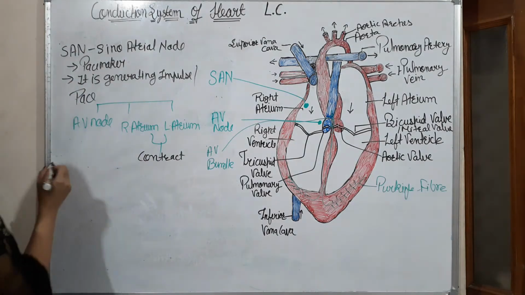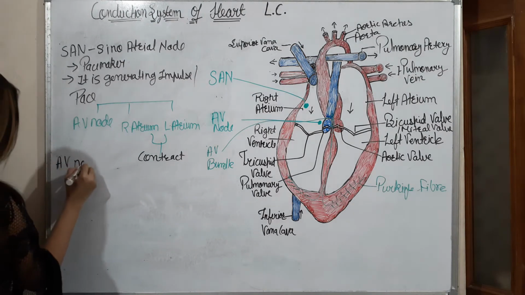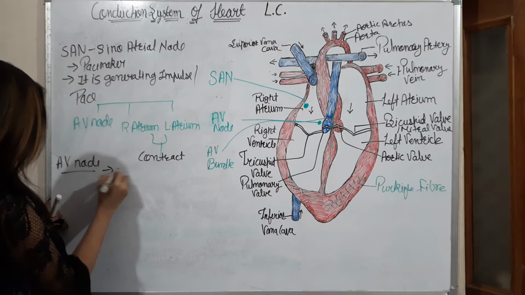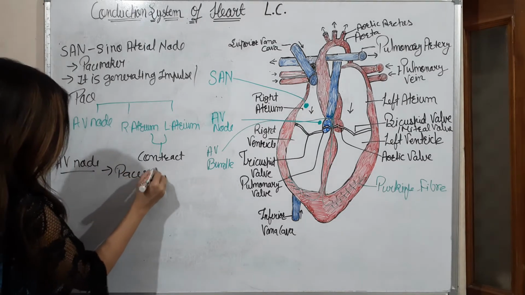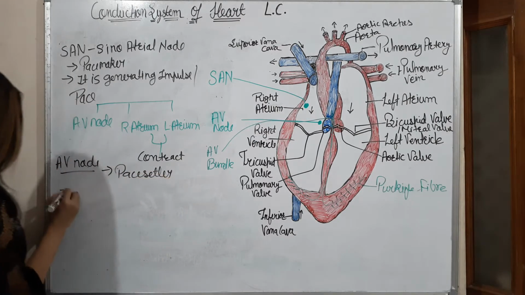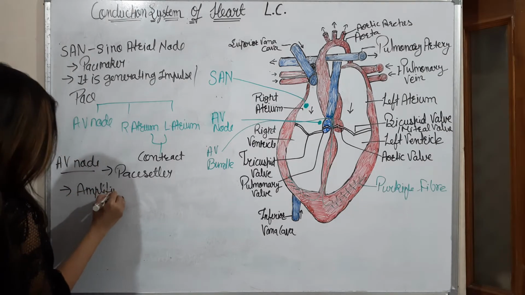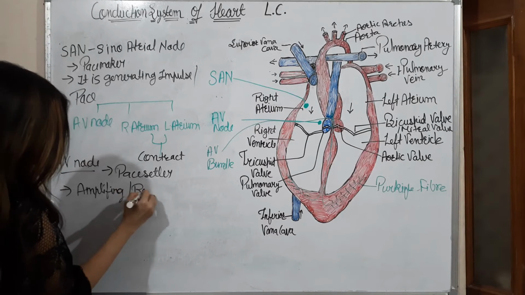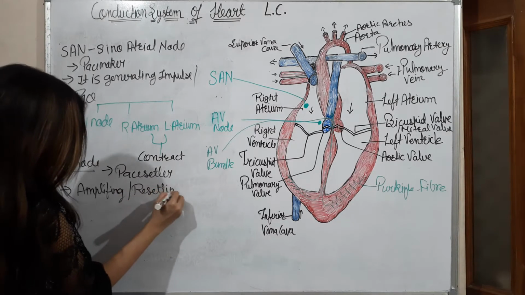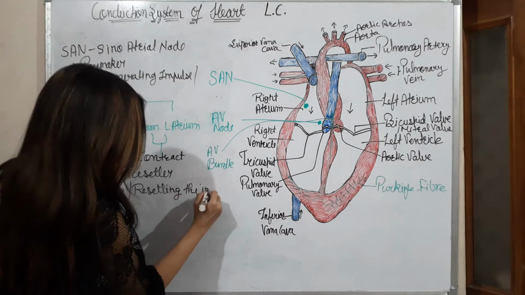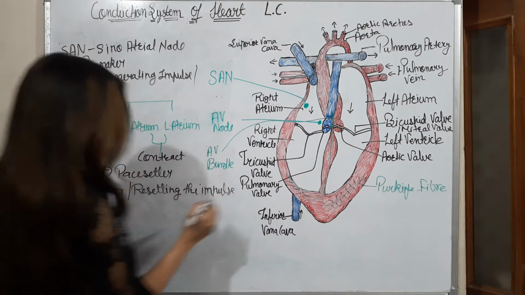Now the second one is the AV node. The AV node works as a pace setter because it is amplifying or resetting the impulses coming from the SA node.